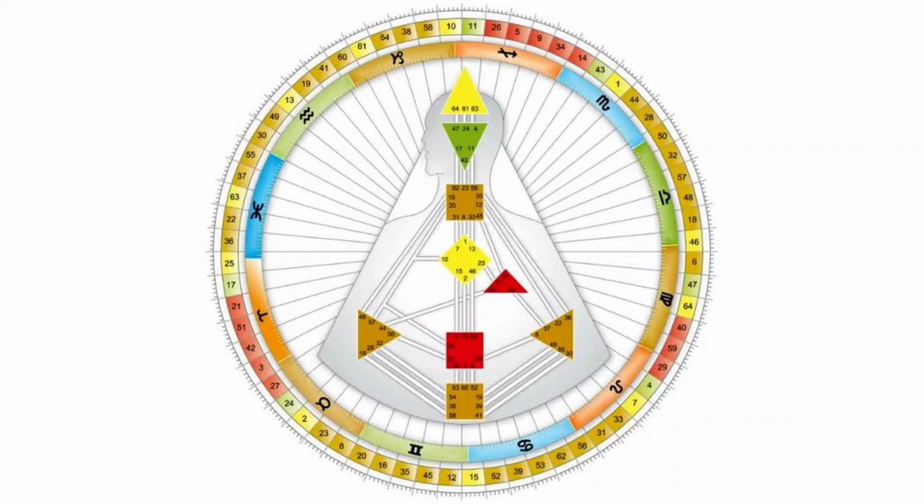Gate 20, the now, contemplation. Location, throat center. Channels 20-34, 20-57, and 10-20: the channels of charisma, the channel of awareness, and the channel of awakening.